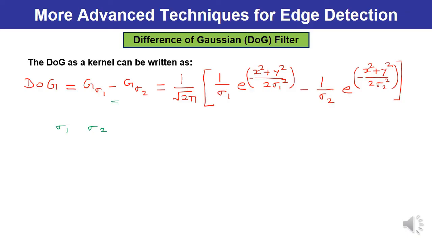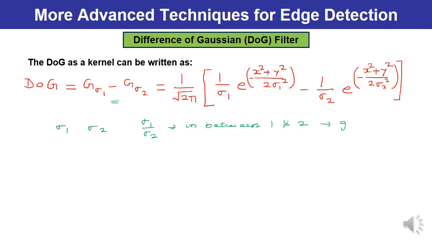If the ratio of sigma 1 upon sigma 2 is in between 1 and 2, then the edge detection operator gives a good performance.